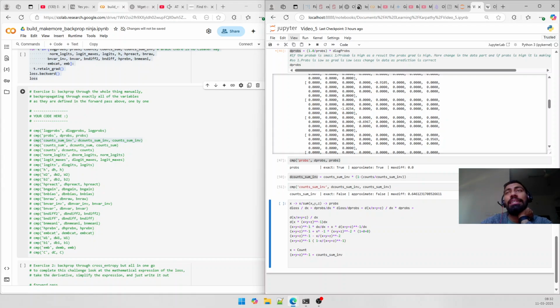So again I missed the chain rule. I calculated this one, and I forgot this part. Now so that this gets calculated.